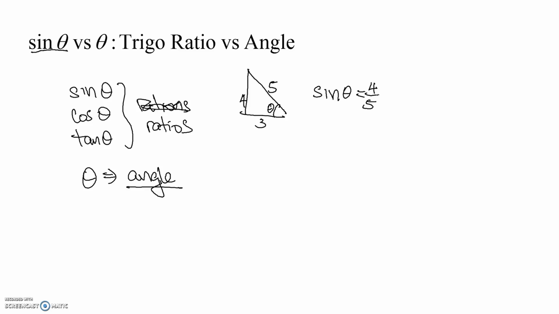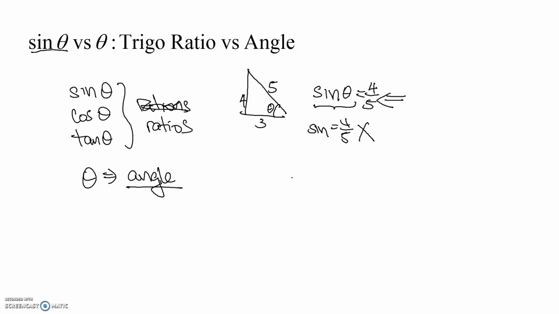Now sine theta as a whole is one term on its own. You cannot separate sine and theta. It doesn't make sense to say sine equals 4 over 5, this is wrong because there is no reference angle. You would need to put your reference angle as sine theta.